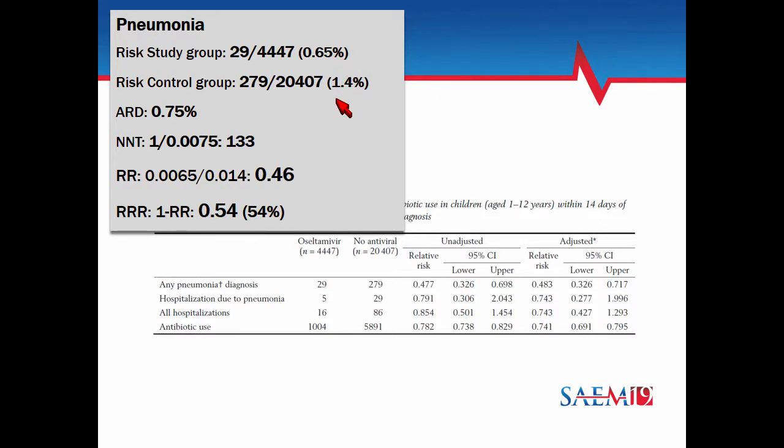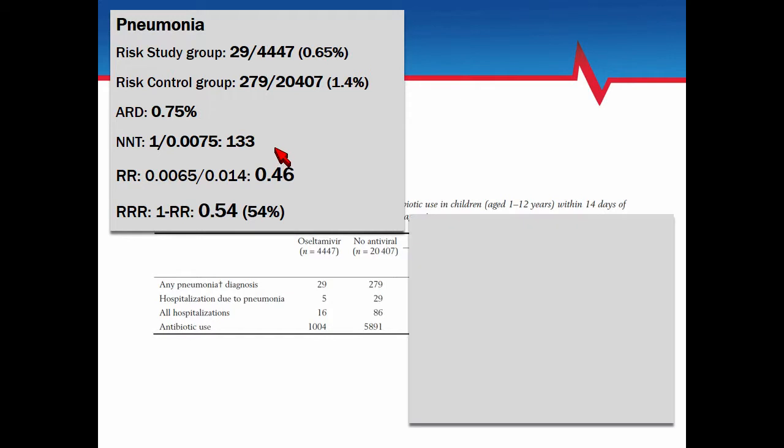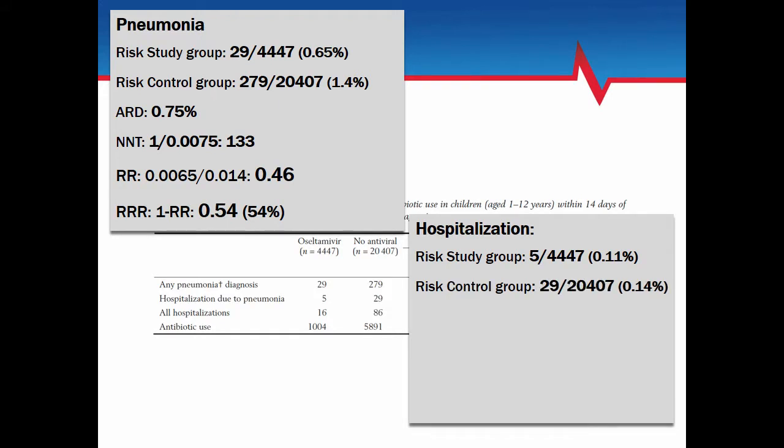But they still went on to make billions of dollars on Tamiflu because of a paper like this, just by manipulating the numbers. For hospitalization, the risk in the study group is 0.11% versus 0.14%, and the absolute risk reduction is 0.03% with an NNT of more than 3,000.